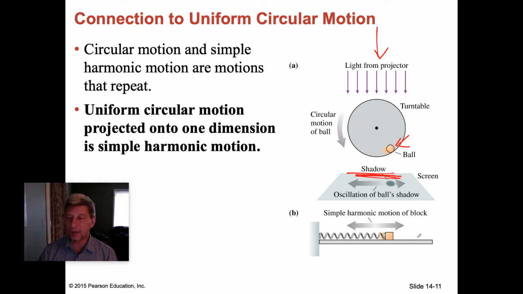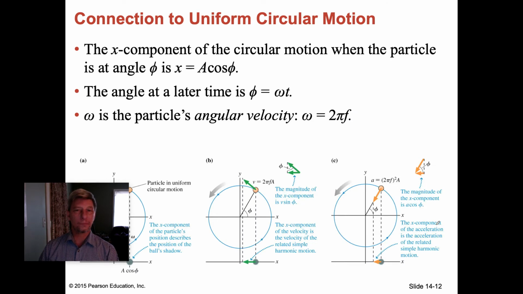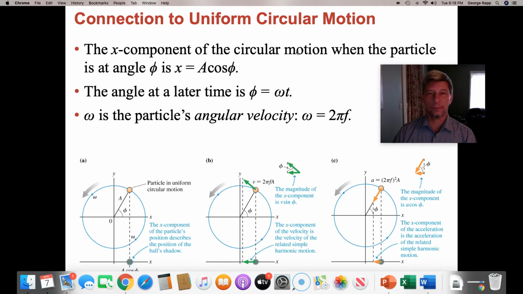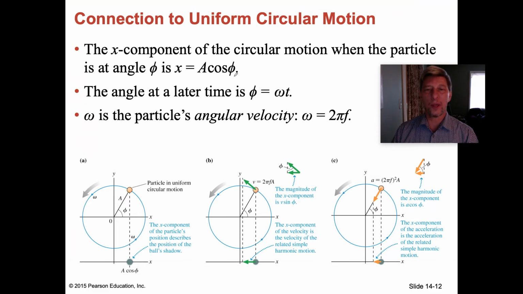It's exactly the same motion that we would witness. The motion of the shadow is exactly the same as we would see with the block attached to a spring moving horizontally. Now, the x component of that circular motion, when the particle is at angle theta, is going to be equal to A times the cosine of theta.